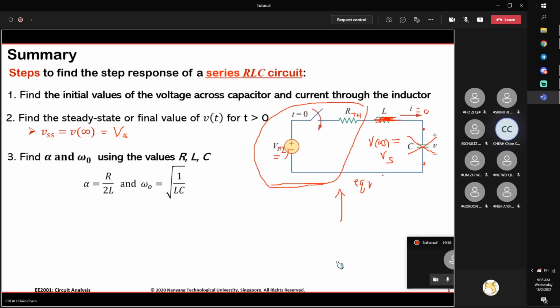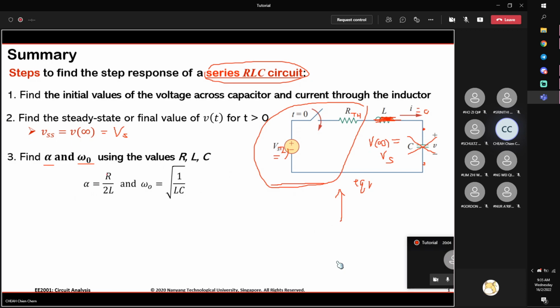In this equivalent form, we know the standard solutions as analyzed in the lecture notes. The standard solutions depend on two parameters, alpha and omega 0. For series RLC, you have to remember these, but they can be derived, especially in the Laplace domain.